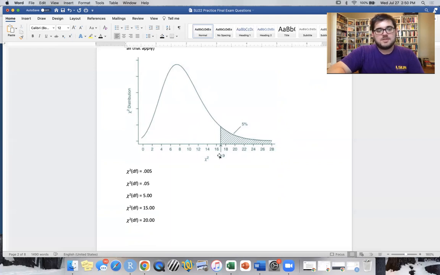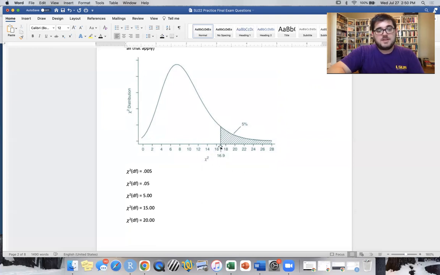So what does it mean that 16.9 cuts off the top 5% of the curve? That means that there's only a 5% chance of having any observations that high, which means the null hypothesis must not be true, because when you assume the null hypothesis is true, you end up with data that's very unlikely. There's only a 5% chance of getting something 16.9 or higher.